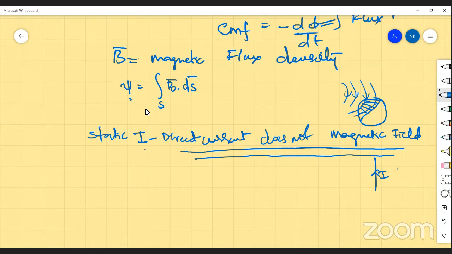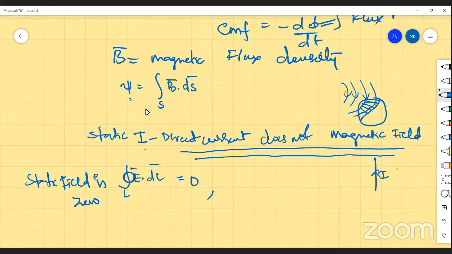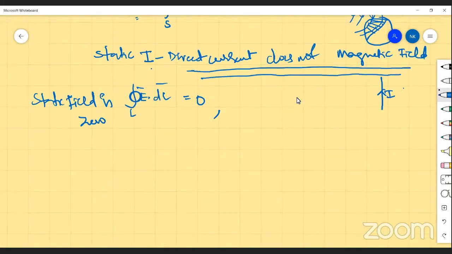But what is the case here? Suppose you consider the work done in a static field is 0. Suppose I take an analogy here. Suppose there is a friction.